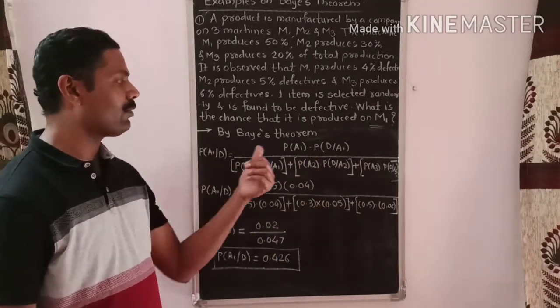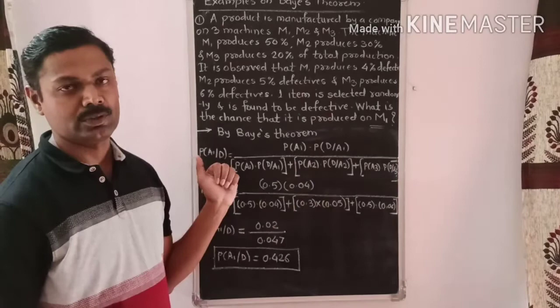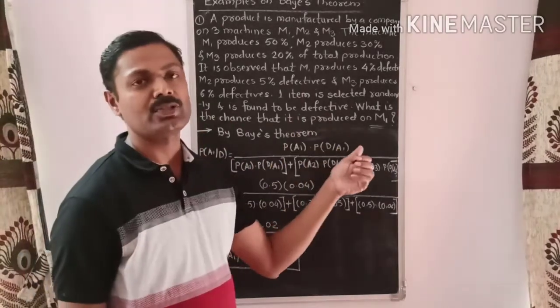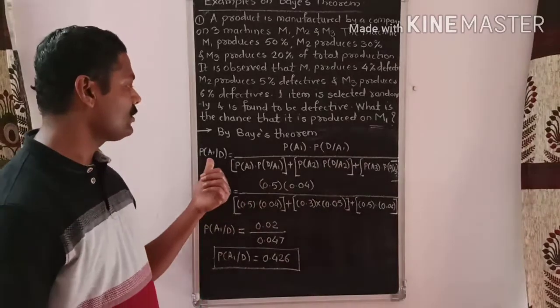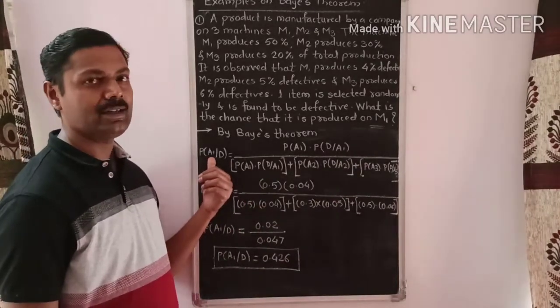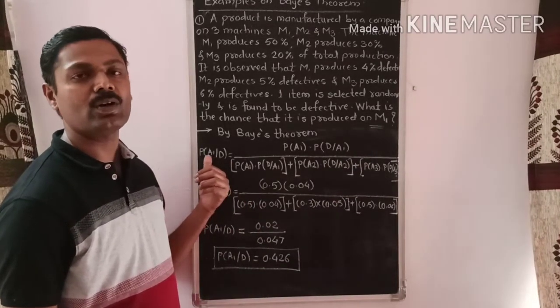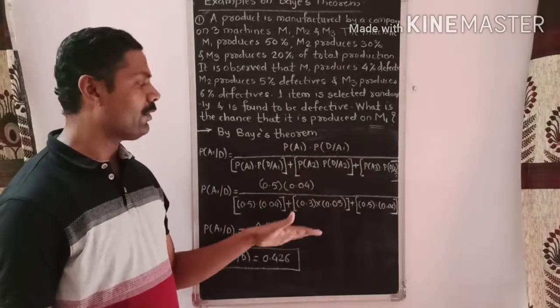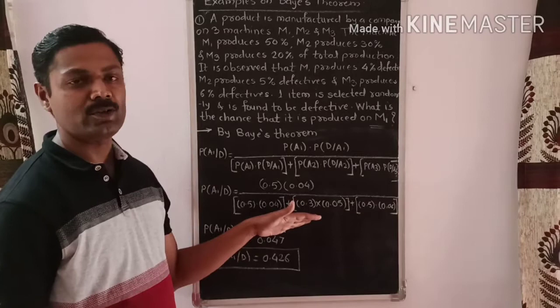And if you are going to find it for machine M3, just take A3 instead of A1 or A2 in the whole formula. Put in the required values and you will get the answer.